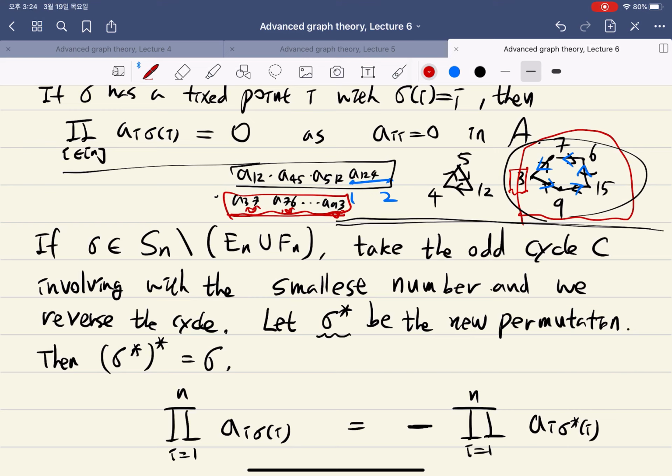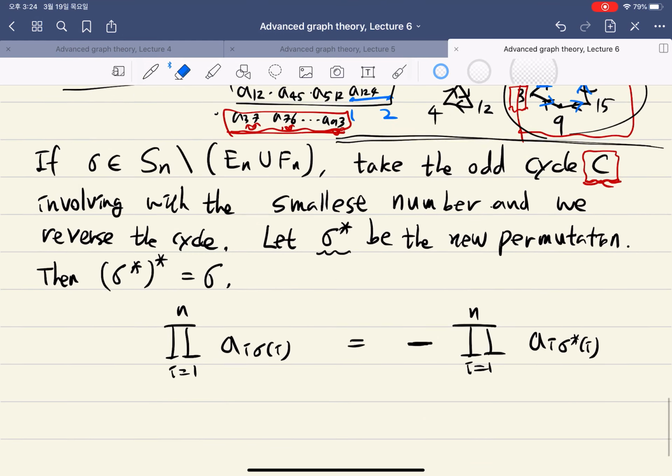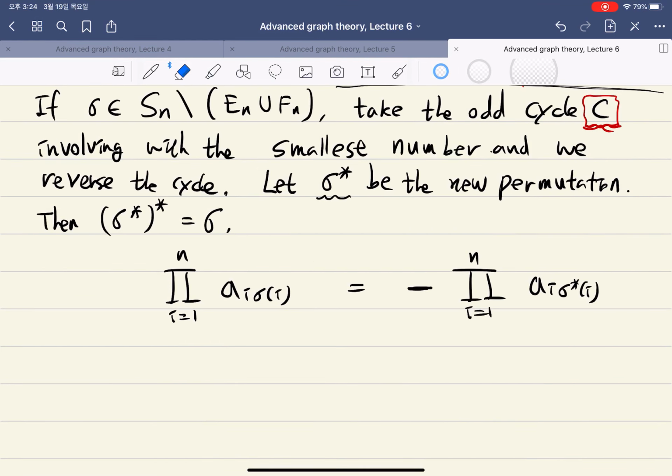An odd number of them. The terms which flip the sign are the ones involving the cycle C. But C has odd length, so an odd number of them flip the sign, so the sign changes.